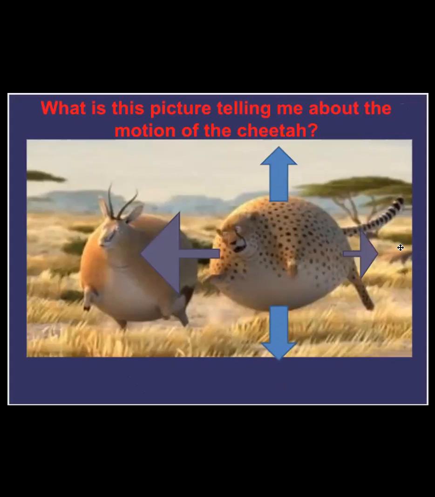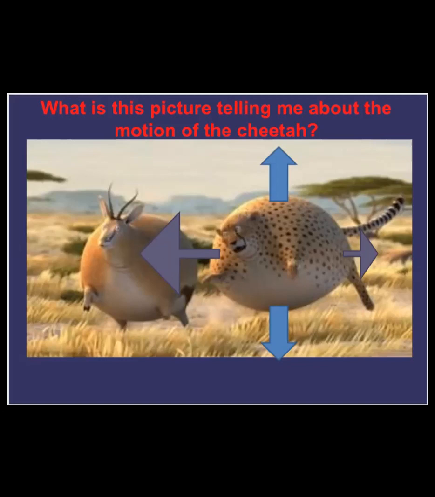Towards the right of the screen, it is a smaller force, and towards the left, it is a bigger force. If you remember, we represent or visualize forces in terms of arrows. So the bigger or longer arrows would represent a greater magnitude. So most likely this cheetah will be moving to the left, right?